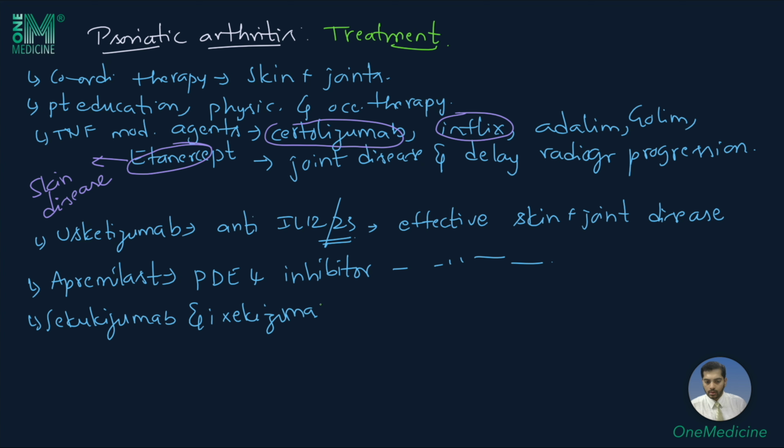The next topic is enteropathic arthritis. This is the kind of arthritis which is usually associated with inflammatory bowel disease that includes both Crohn's as well as ulcerative colitis. And these arthritis can be both axial as well as peripheral arthritis. Arthritis can develop both before or after the development of inflammatory bowel disease in such patients.